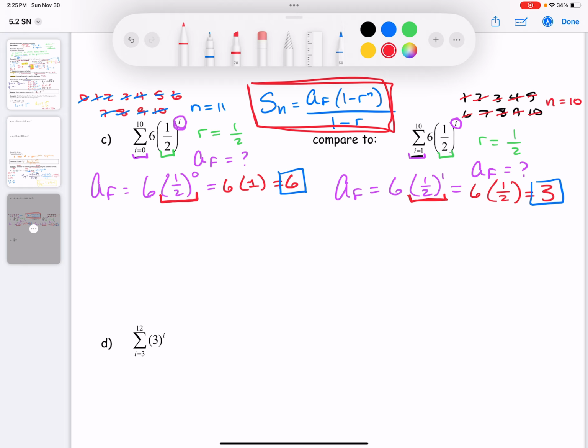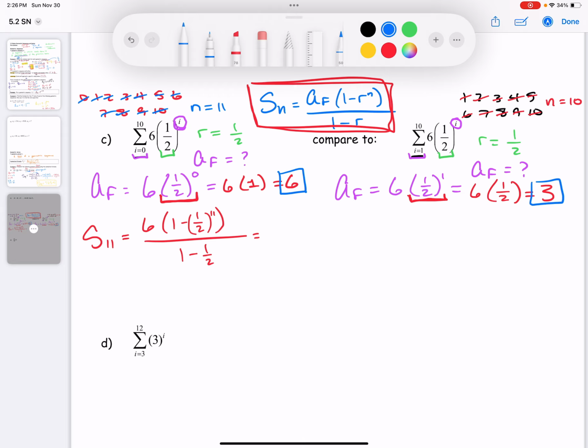All right. The sum of these 11 terms is going to be 6 times 1 minus 1/2 to the 11th power over 1 minus 1/2. Now, this can get a little confusing. You have to know your fractions, you have to know your exponent rules, and you have to keep all these numbers in the right spots.